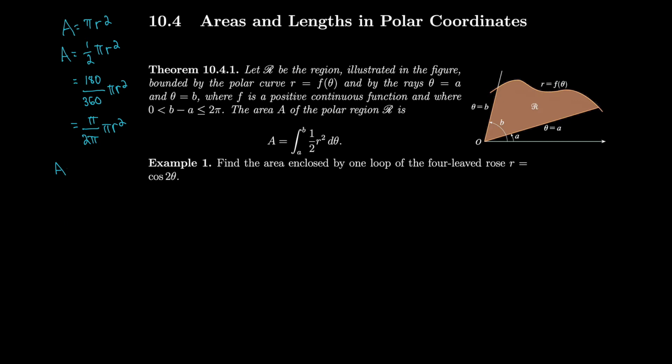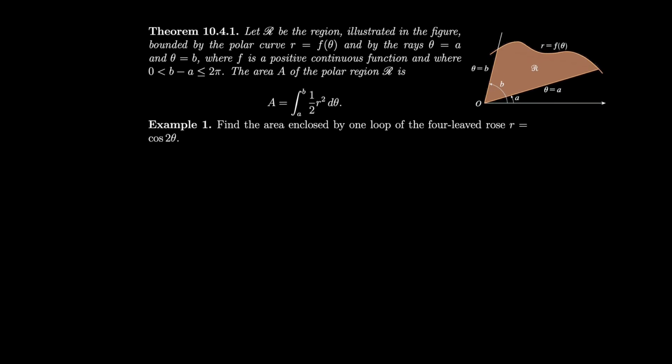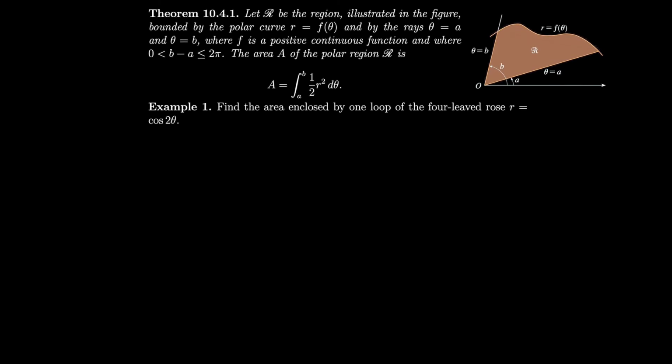So let's do an example by trying to find the area enclosed by one loop of the four-leaved rose r equals cosine 2 theta. So we drew this in example 8 in section 10.3. So let's try redrawing it. So it looked something very roughly like this.